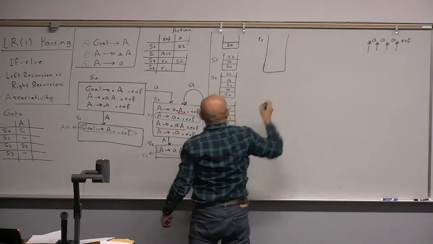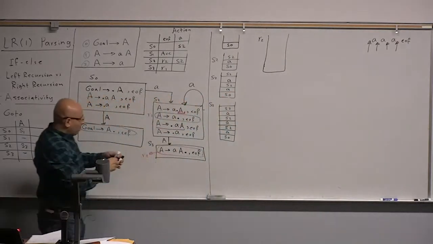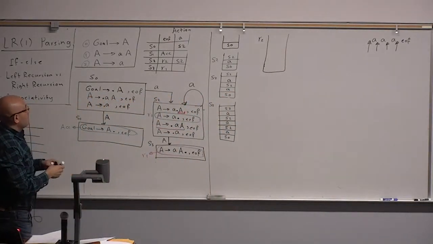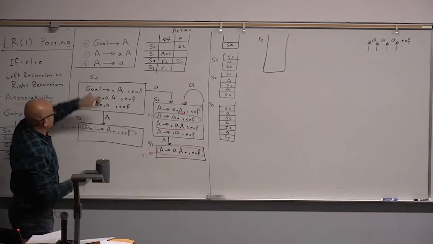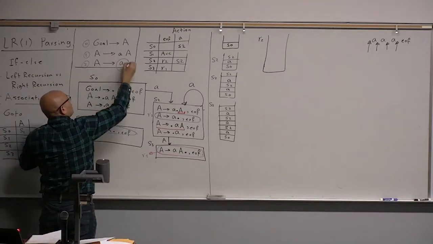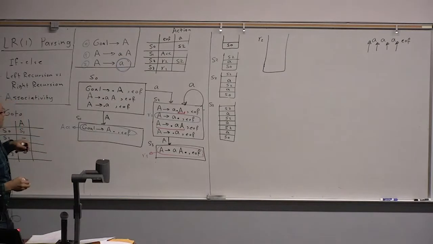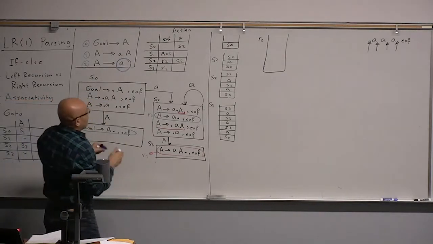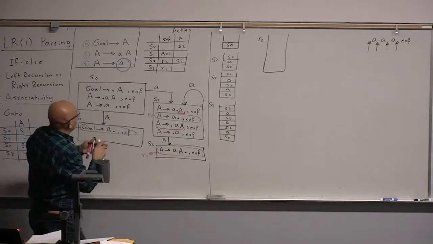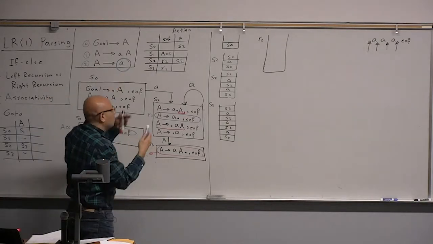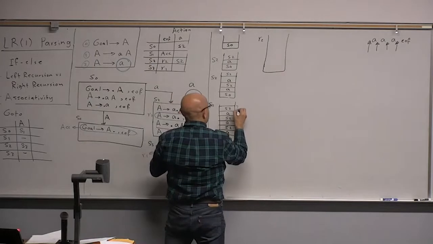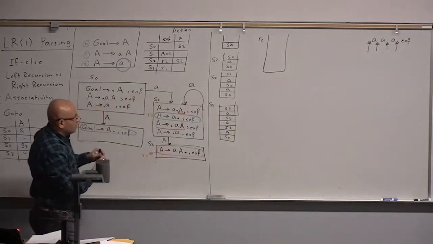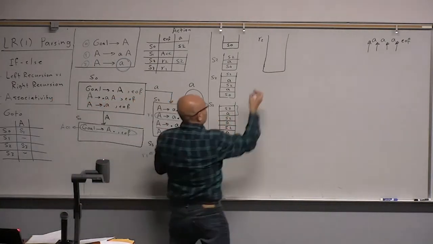How many symbols do you pop off? Rule number 2 has 1 symbol, so you pop off 2. So you pop off the A with the state number.